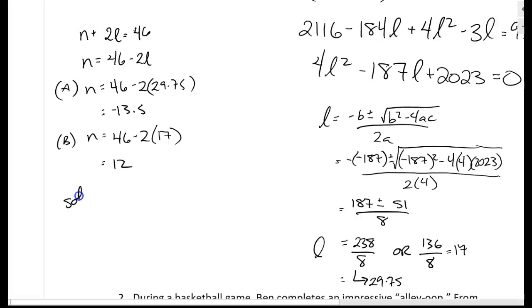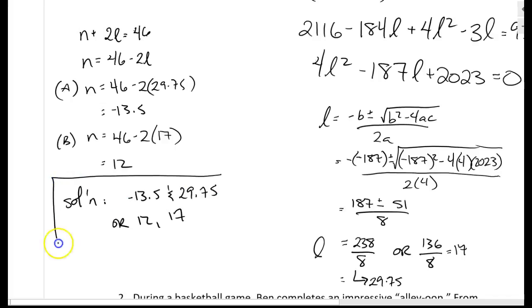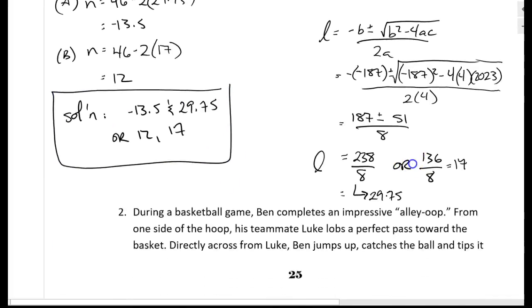So my solutions are that it could be negative 13.5 and 29.75, or it could be 12 and 17. Now, of the two, I like the second answer better, but technically both are possible.